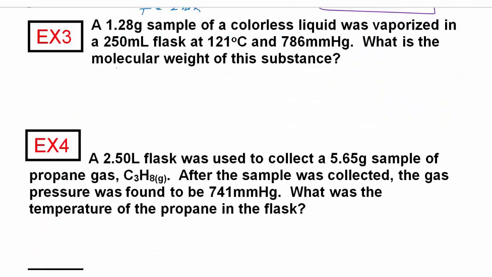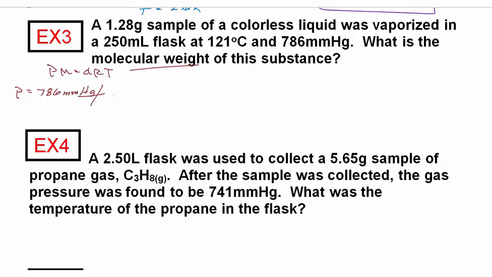A 1.28 gram sample of a colorless liquid was vaporized in a 250 ml flask at 121 Celsius and 786 millimeters of mercury. What's the molecular weight of the substance? We don't have a whole lot of choice. We're going to have to use PM equals dRT. So my pressure is 786 millimeters of mercury.